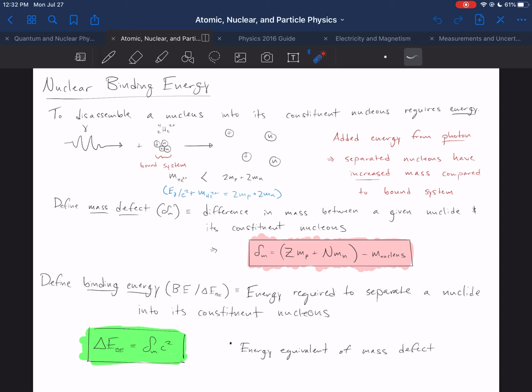In other words, is it more efficient to have a whole bunch of these guys floating around? Can I get more energy if I have a certain pile of nucleons by having lots of these bound systems or just a single 238? I want to know how efficient it is.